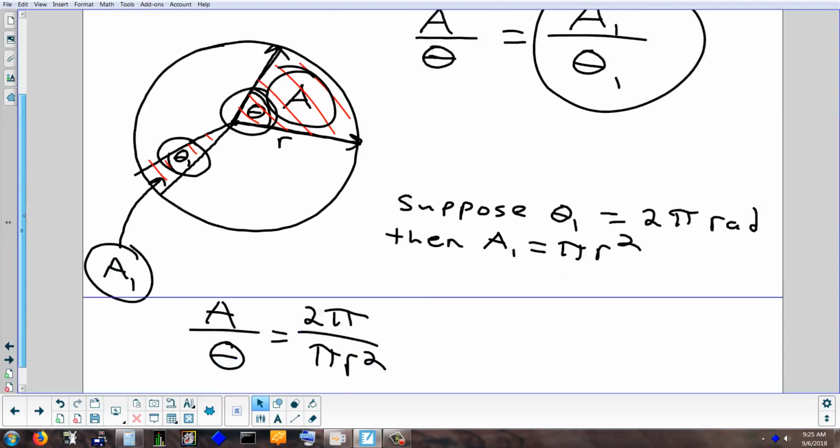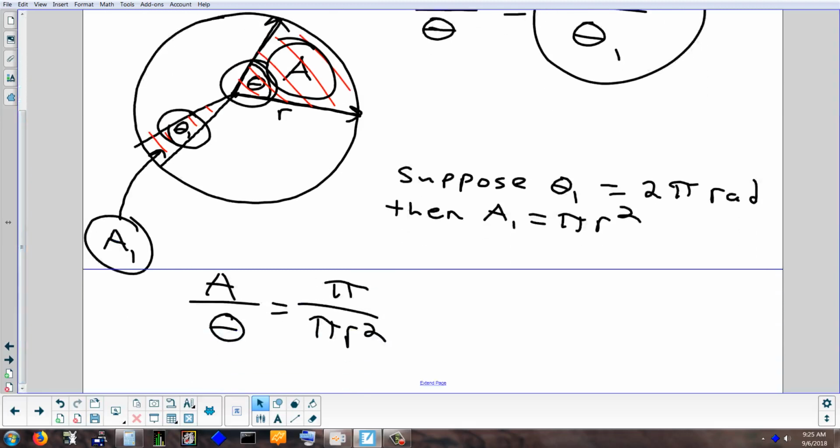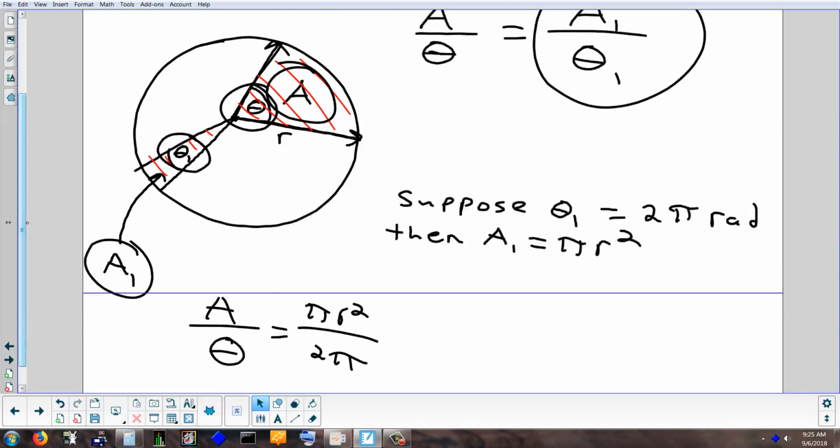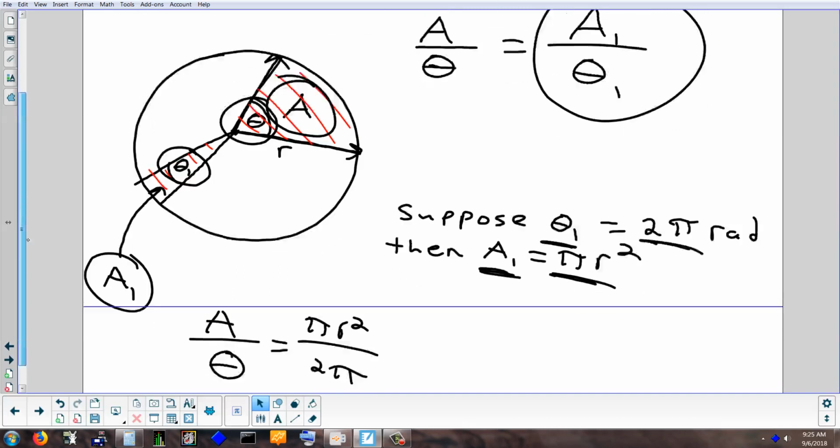Let's see, 2 pi, oh, thank you. Yeah, so the way we did it, area is on the top, and angle is on the bottom. I could have done it that way if I switched what was on the other side too, but it's not. So, thank you. So, area, top, angle, bottom, just like in what I circled.